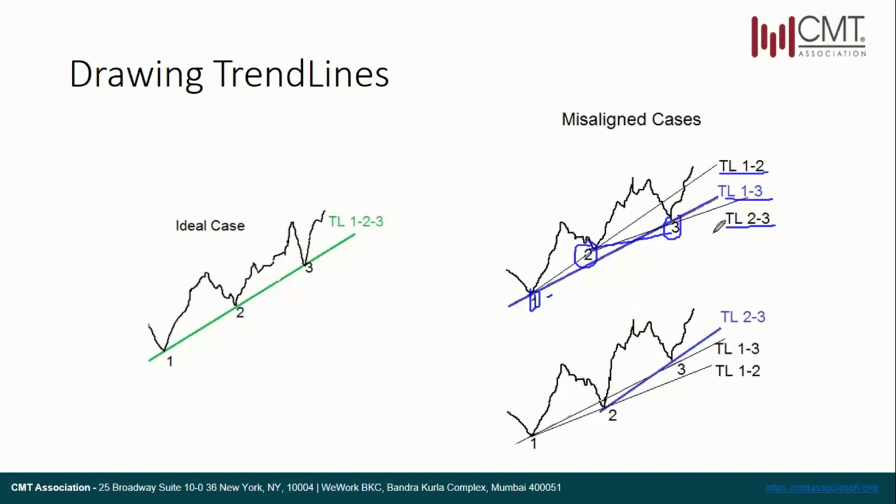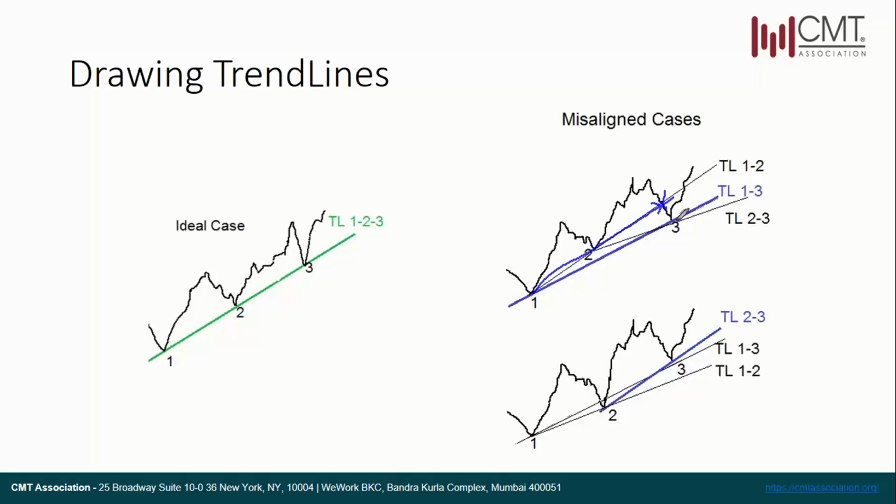Now if you look at the first trend line, which is the trend line joining 1 and 2. If you connect these 2 points, you see that there is a breach at this point. And really after that, there was a breakdown in the stock and it made a low of 3.